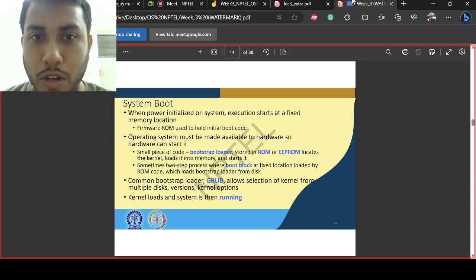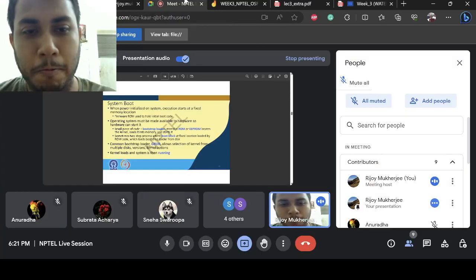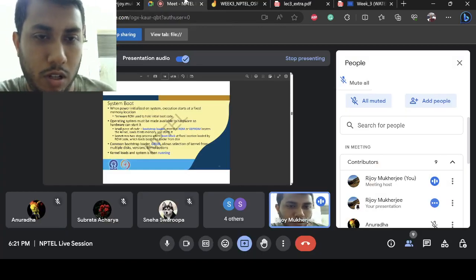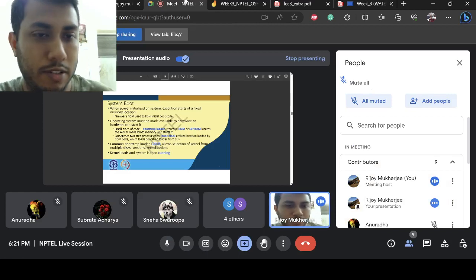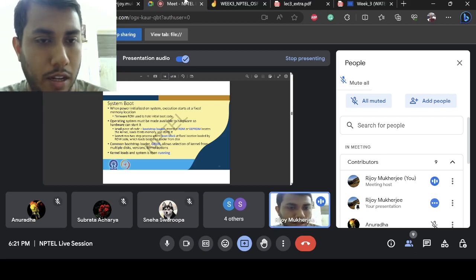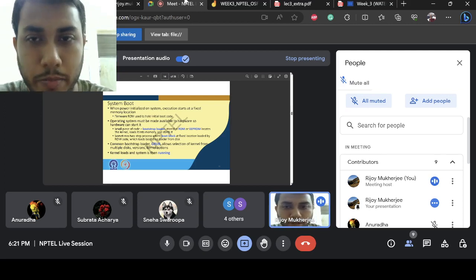Then there is your booting process. This is a repetition of what was taught in the previous lectures. What happens when you boot the system? Basically, your init program is loaded into your CPU from the ROM or EEPROM that is there.